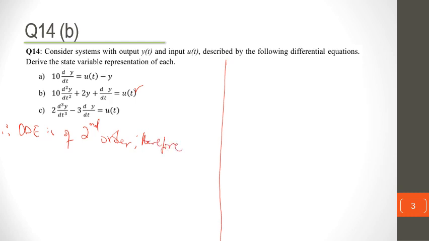Therefore, there are two states. So we let x1 be equal to y and x2 be equal to y dot. So the derivatives and the output y, we assign them to the states.